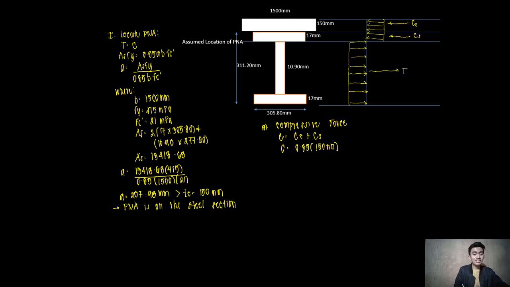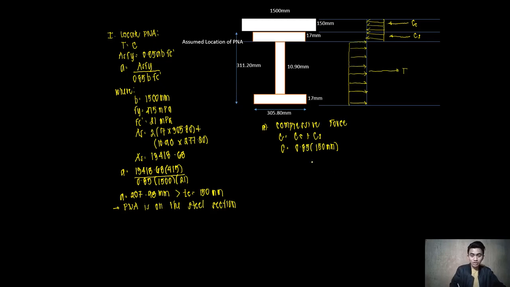But if you are dealing with case number 1, wherein the plastic neutral axis is located on the concrete slab, then a will automatically denote the location of your plastic neutral axis.